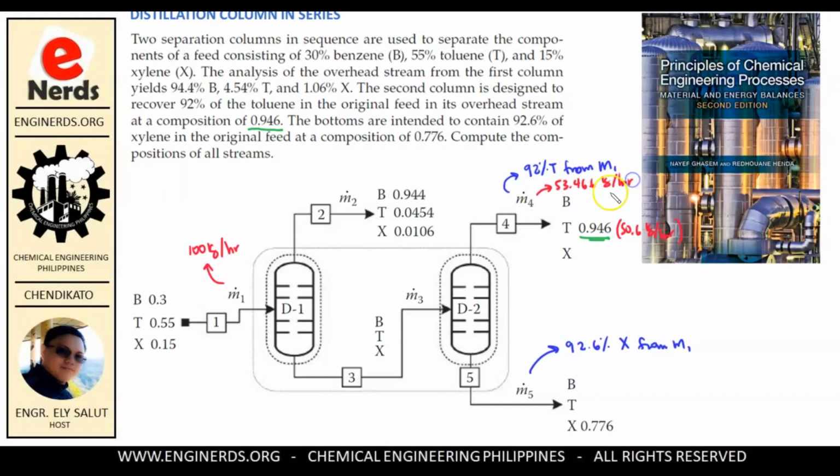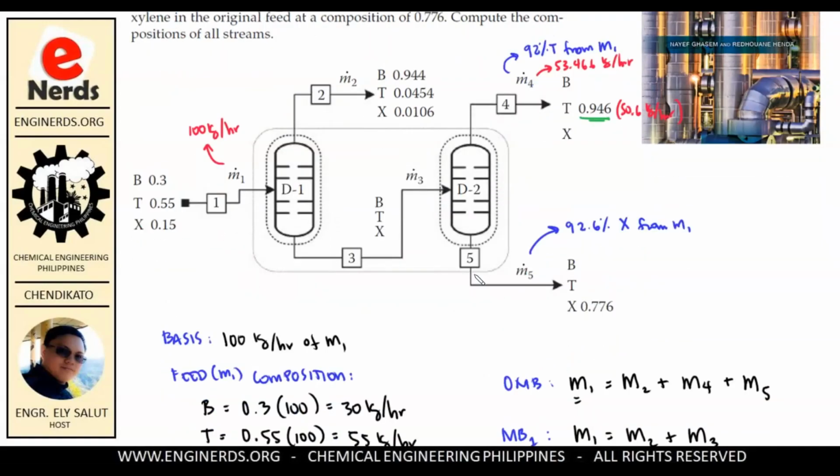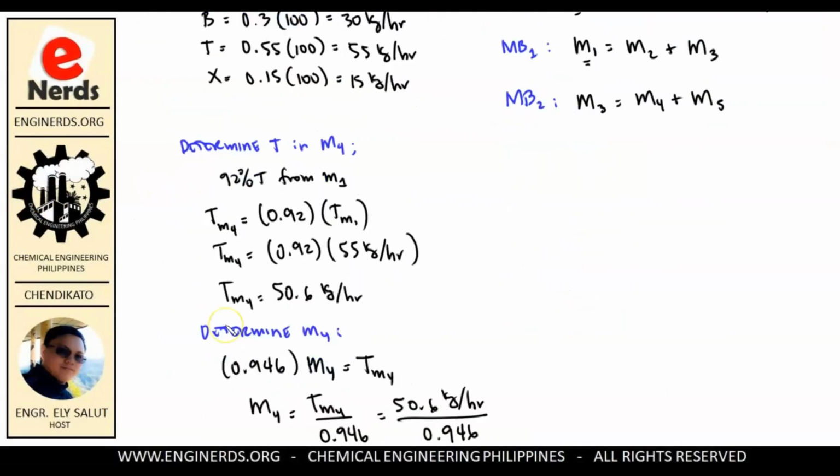kilogram per hour. Okay, another significant value that we have here is this one. We have 92.6% of xylene from M1 na napunta dito sa M5. So that means we can determine the value of xylene, no, dito sa ating bottoms. So that's what we're going to do next. We can determine xylene in M5.